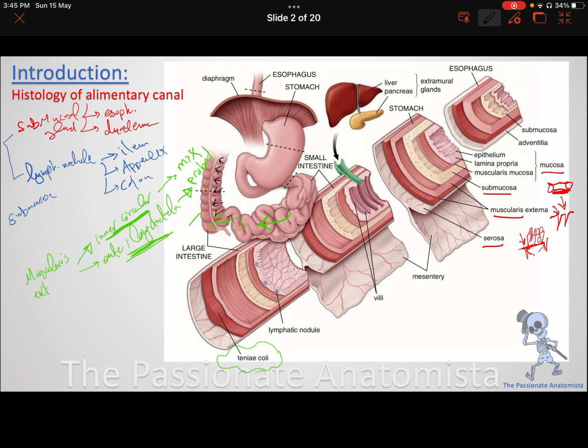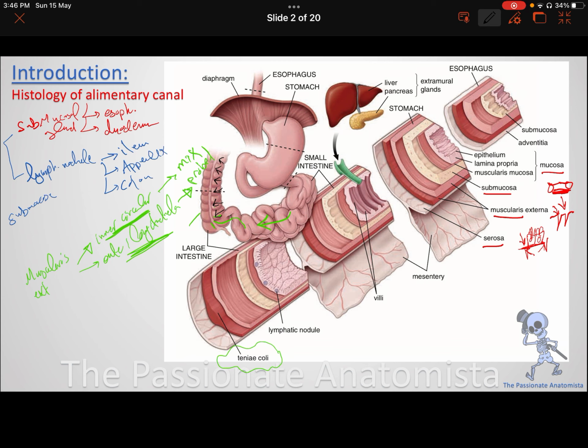This is a modification of the outer longitudinal layer that is going to be there in the colon, and by contraction of this, that will help also to propel the food, and that will help in digestion and movement of the chyme from one place to another, shortening the colon to fit into the abdomen and so on. So these are basically gross anatomical features that are actually related to some histological features in the GIT system.